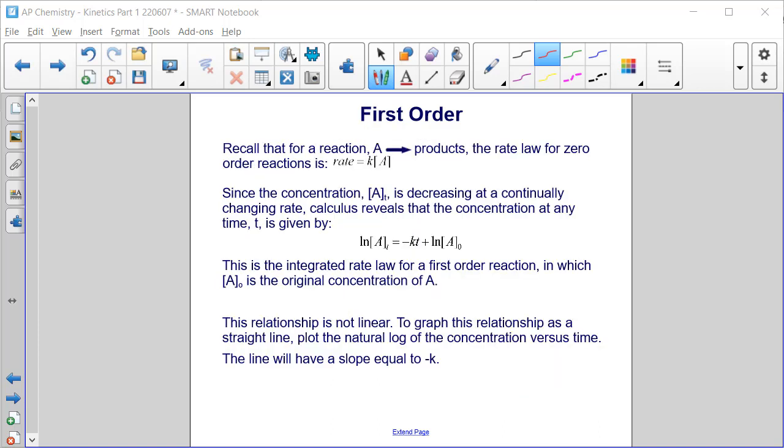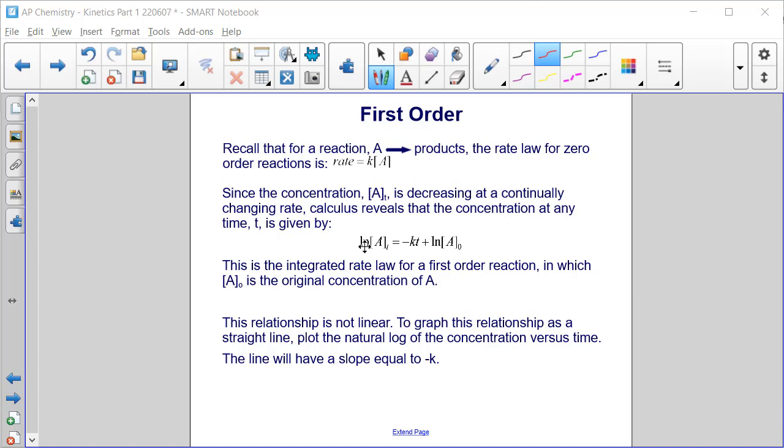First order. Recall that for a reaction where reactant A produces products, the rate law for a first order reaction is rate equals k, the rate constant, times the concentration of A. Since the concentration of reactant A at time t is decreasing at a continually changing rate, we need some calculus to reveal that the concentration at any given time t is given by the following.